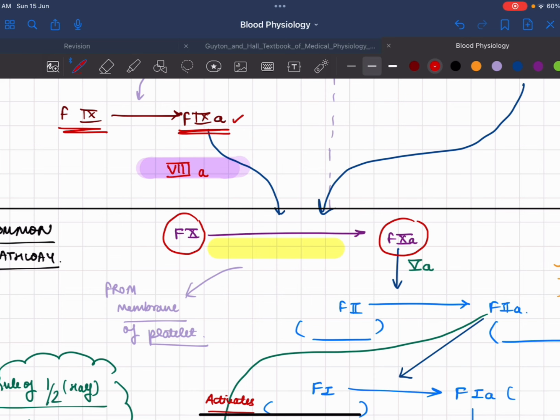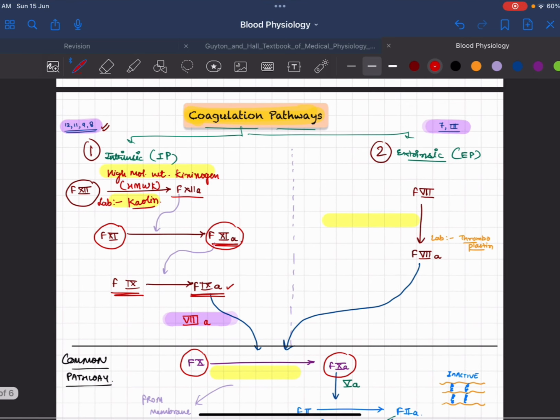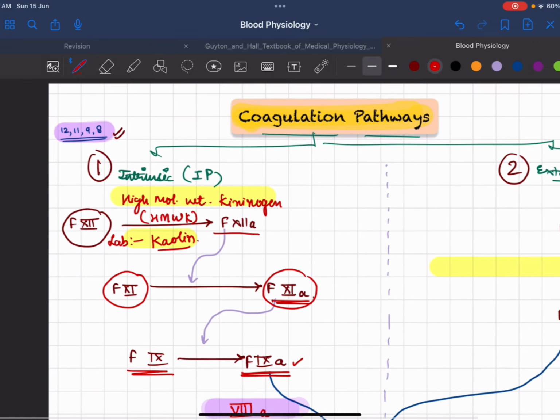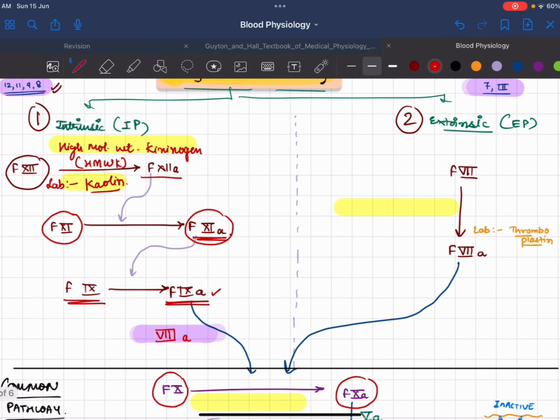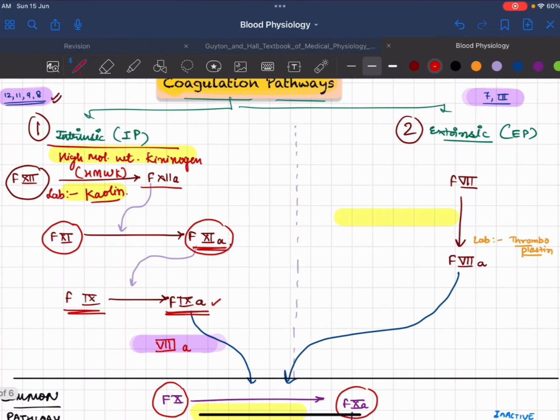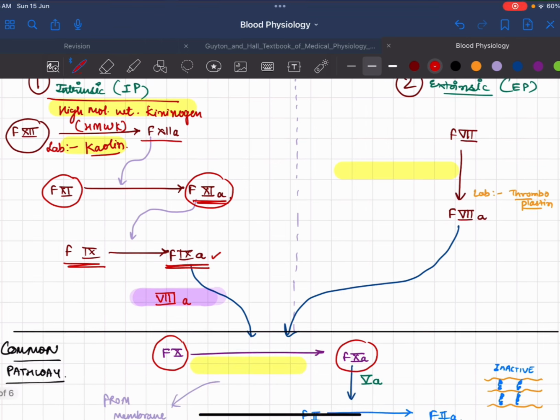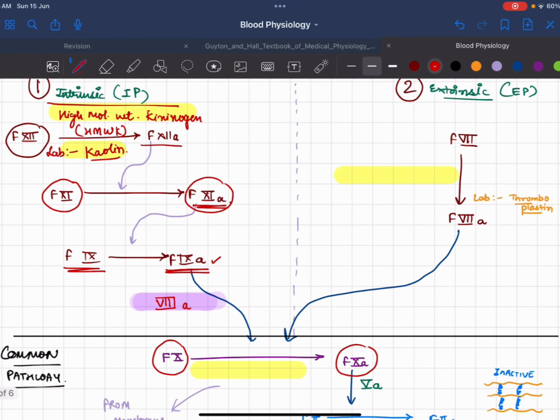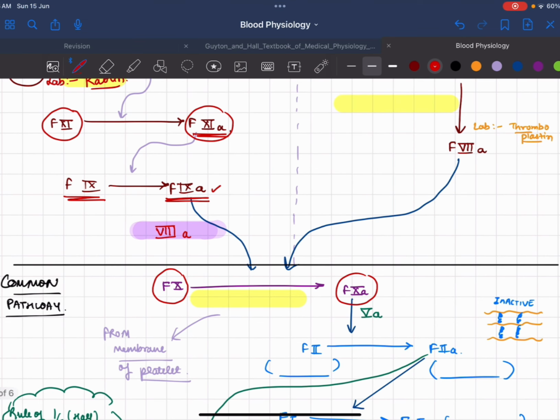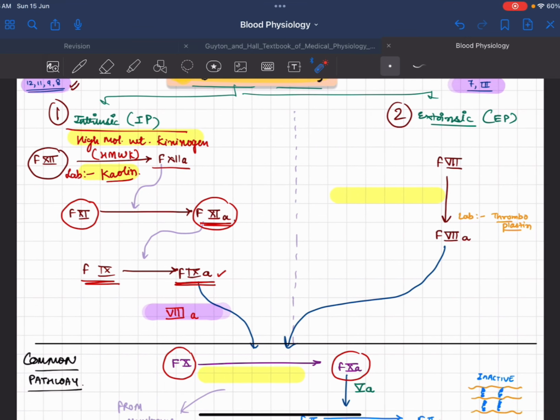Okay, so before going downwards, we'll once again see the intrinsic pathway. Four factors which were involved are 12, 11, 9 and 8. Firstly, 12 converted to 12A by HMWK. Then 12A converts 11 to 11A. Then 11A converts 9 to 9A. Then 9A with the help of 8A converts 10 into 10A. Now this is the intrinsic one.